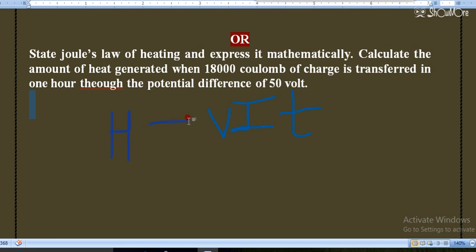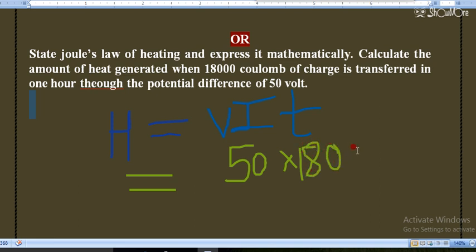Now you know the value of V, and you know the value of Q by T. Here we can put V equal to 50, and I is equal to Q by T, so it will be multiplied with 18,000 by T into T. Time and time will cancel out, so we are not supposed to convert hours into seconds.